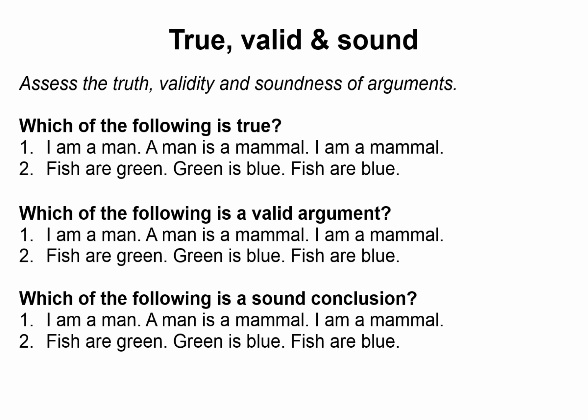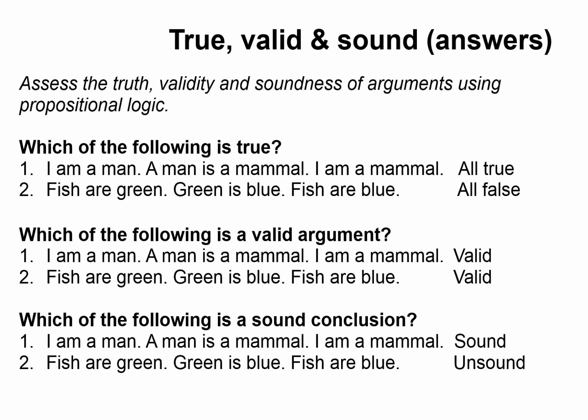In this case, 1 is the only sound conclusion. The second one, the argument was valid, but the premises are false. If you have false premises, you cannot have a sound conclusion. And those were the answers.